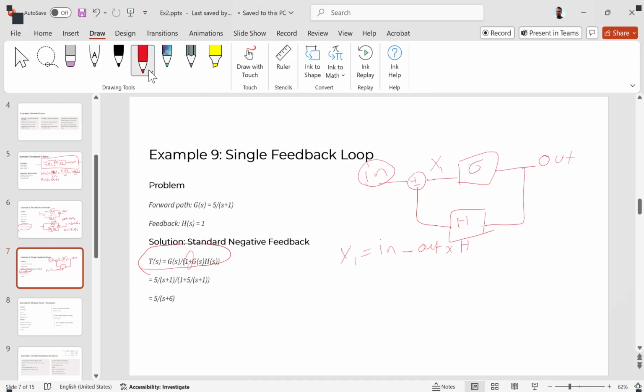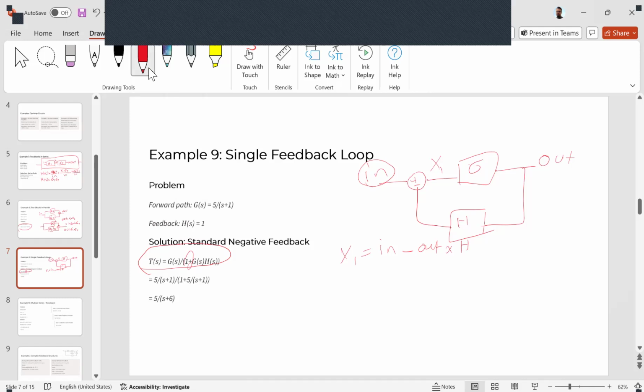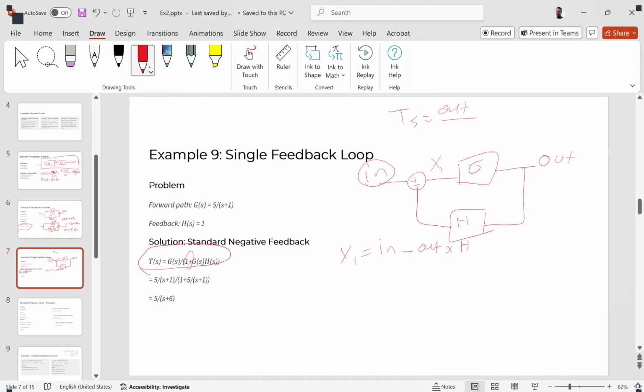Now, the general transfer function, or T of S, is going to be output over input, correct? Are we good? So, what is the output here? It is X1 times G. Are we good on that?